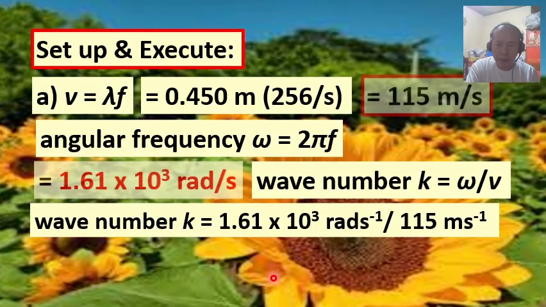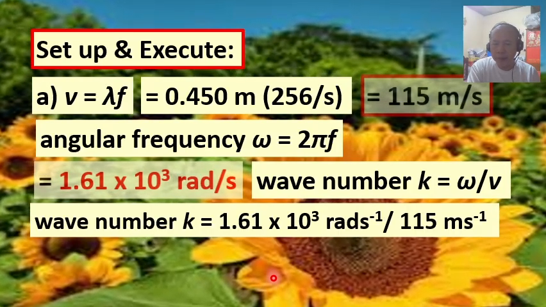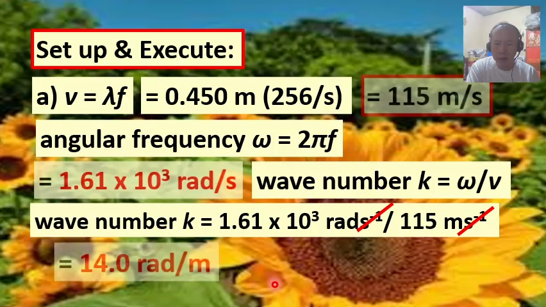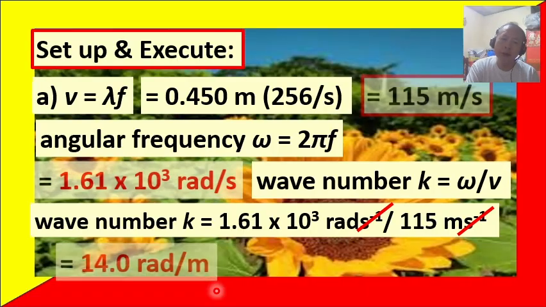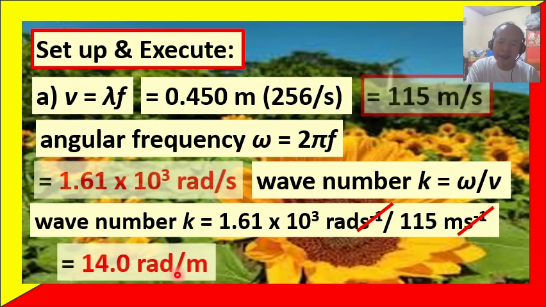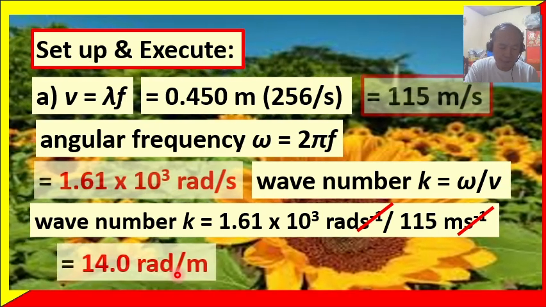So again, when we do our math, we get the value of the wave number k equal to 14.0 radian per meter, also in three significant figures.